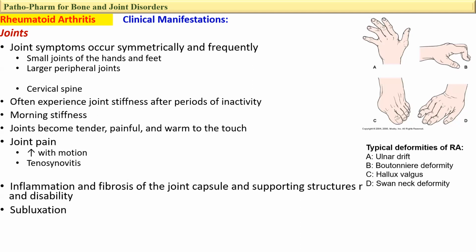You will see this more in children born with CDH, congenital dislocation of the hip, either complete dislocation or subluxation, which is incomplete dislocation. And that's because of the atrophy of the muscle and destruction of tendons around the joint, which will cause one articular surface to slip past the other.